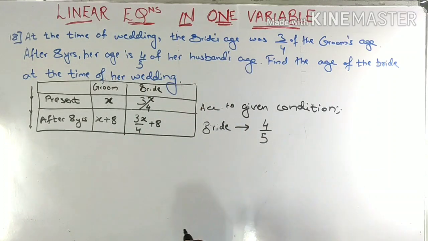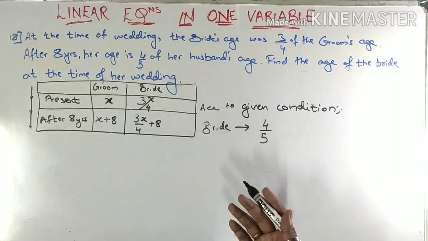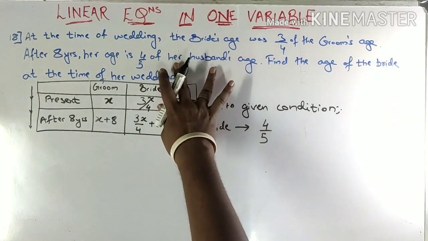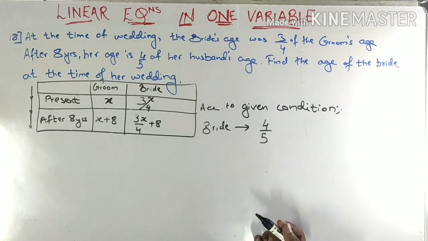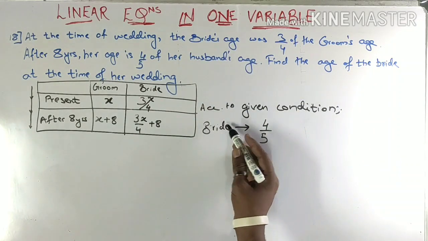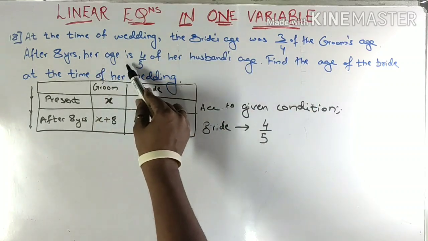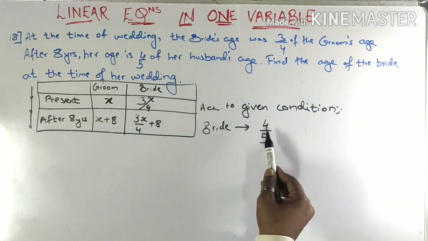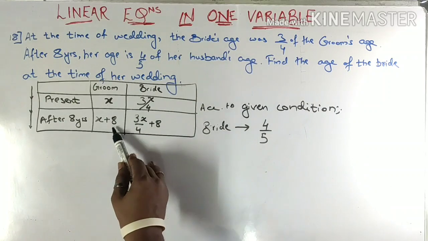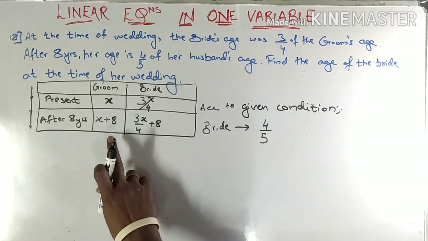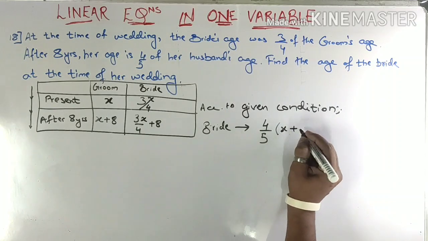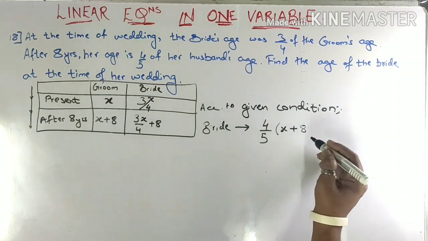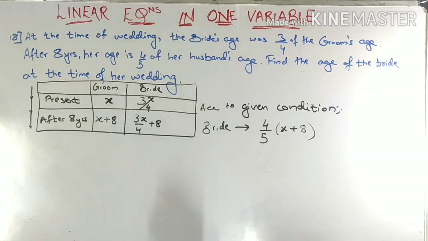So it is pretty logical that this is in terms when we talk about after 8 years. That is, if I am talking about after 8 years, bride's age is 4 by 5th of what is groom's age. So after 8 years, bride's age is 4 by 5th of groom's age or her husband's age.